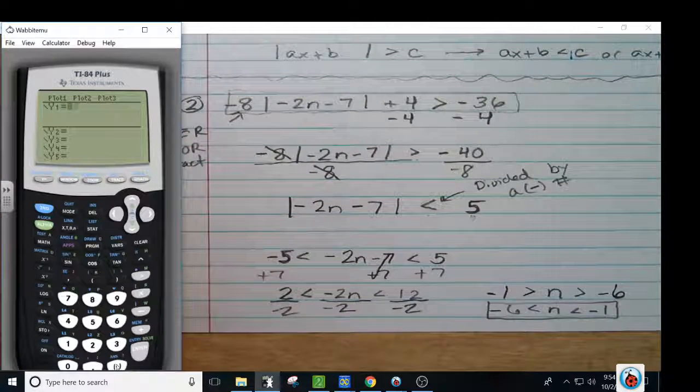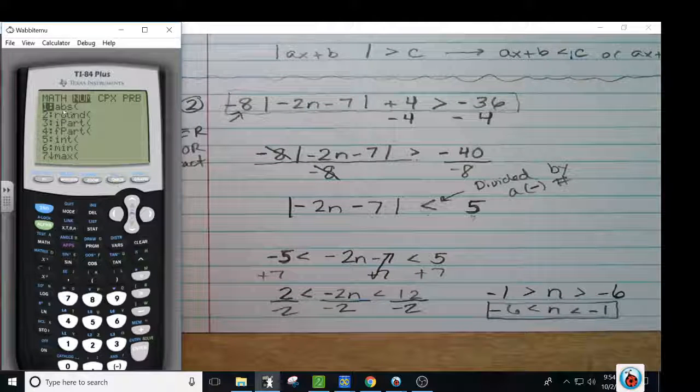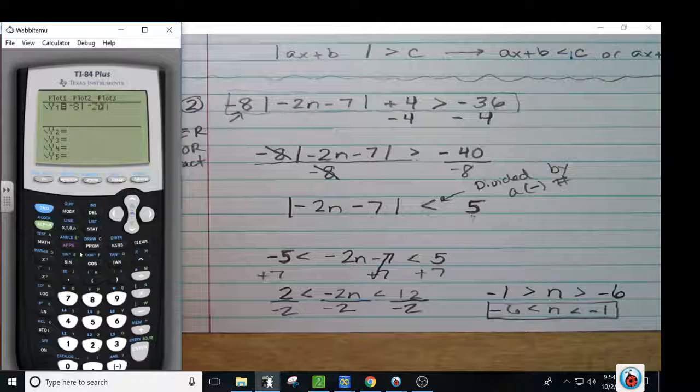So that's going to be negative 8. Now, to get the absolute value, you go math, number, absolute value. It brings up 2 bars like that. Now, that's going to be negative 2x minus 7 plus 4. Okay? Make sure that it didn't take my negative. Yeah, it did. Okay.